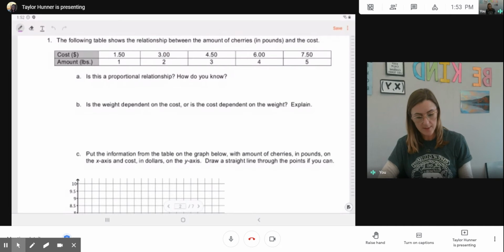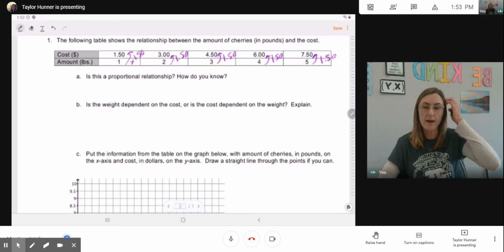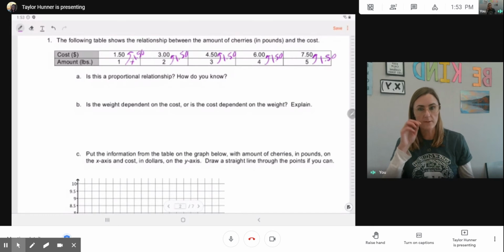So when I'm looking at this, I see that from the amount of pounds, I need to multiply by 150 to get the cost. And I need to check that it works every single time. So 5 times 150 also equals 750. So every single time I can multiply by 150.